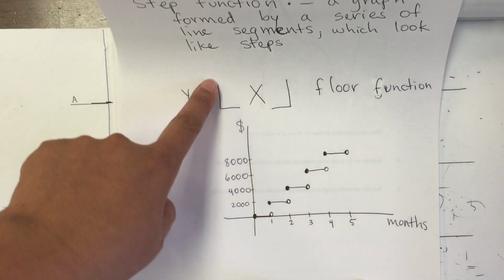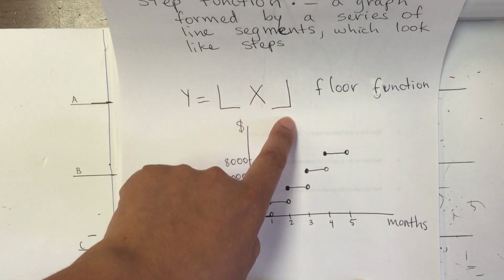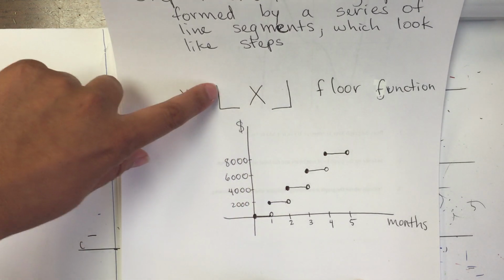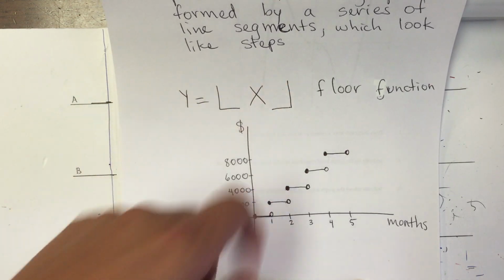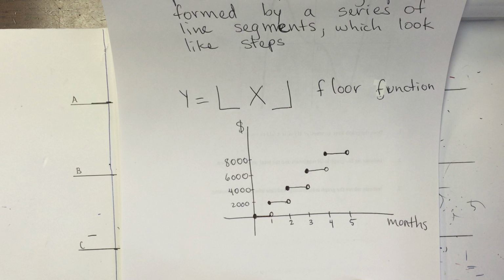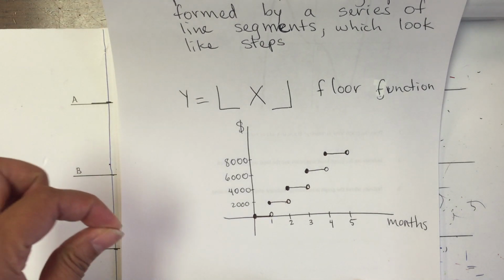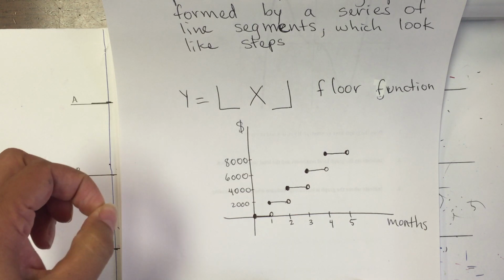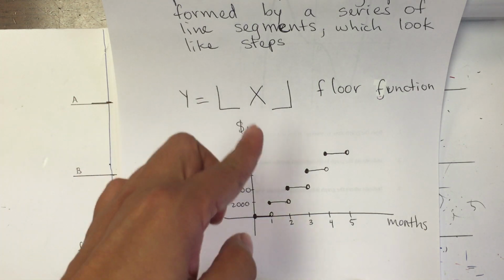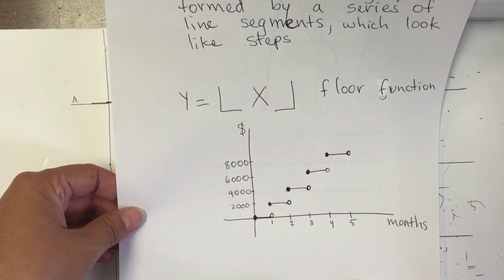Okay, so now notice the notation here. For the step graphs, it looks like an L and a backwards L. Then you have other instances where you might be paying for gigabytes or postage for a letter, or payments where you don't pay until you start using the first part of the next one.